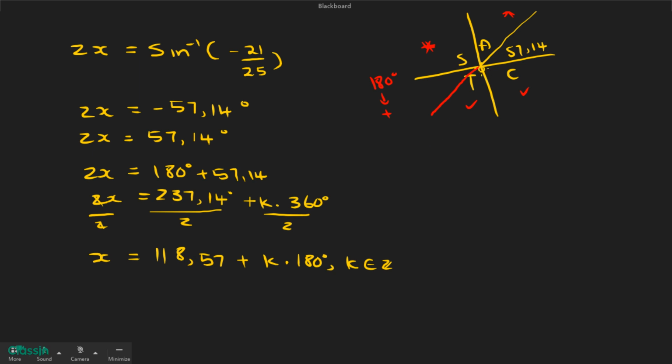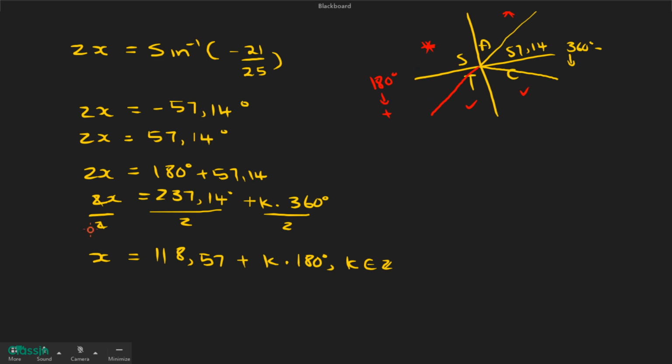So we can also do the same and bring 57 this side. Because it's this side, when you go down, it's 360 degrees minus. So we are going to say 360 minus 57,14. Then we get 302,86. Be very careful here.